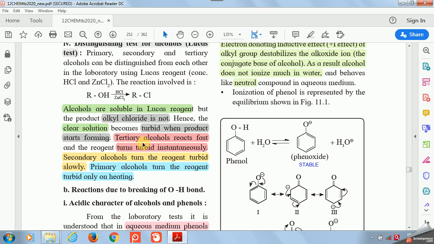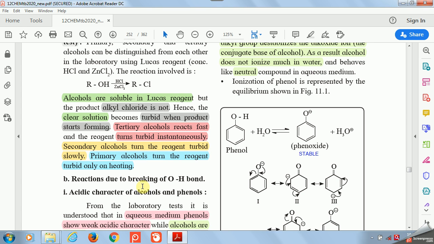So tertiary alcohol reacts faster than secondary alcohol. Secondary alcohol reacts slower as compared to tertiary, and primary alcohol turns the reagent turbid only on heating. What is the reactivity of these alcohols towards Lucas reagent? Tertiary is most reactive, then secondary alcohol, and primary alcohol is the least reactive.